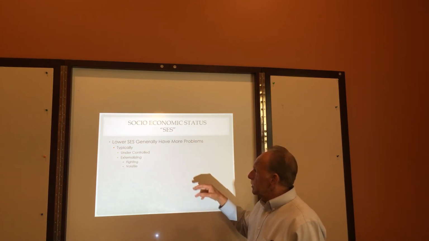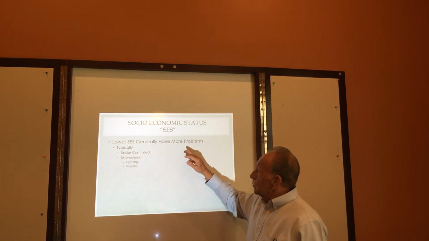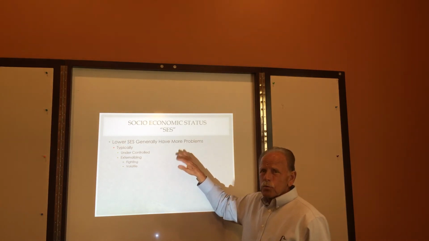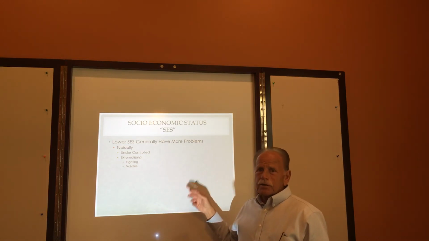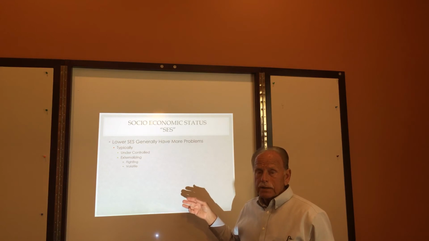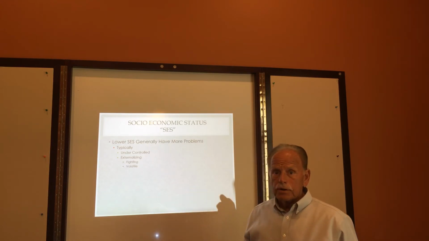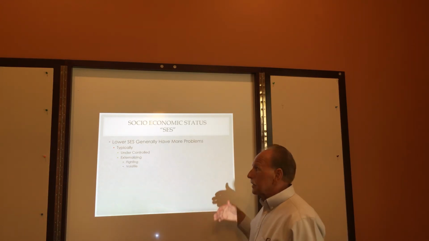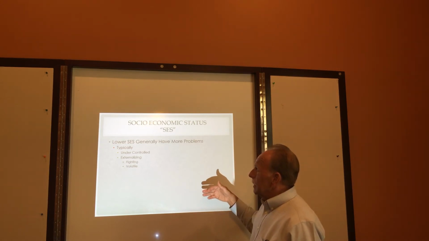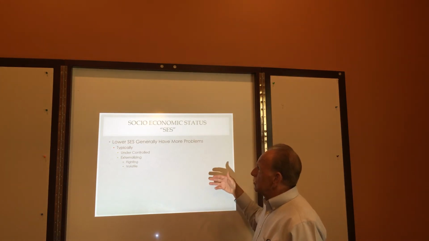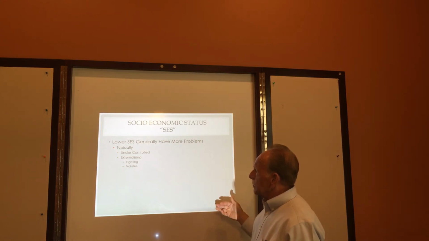So I mentioned socioeconomic status earlier. When it talks about that these kids have more problems than other kids, I want to make it clear that that doesn't mean these kids are bad kids compared to other kids. It just means that they have a lack of resources and they have far more opportunity to engage in problematic behavior.